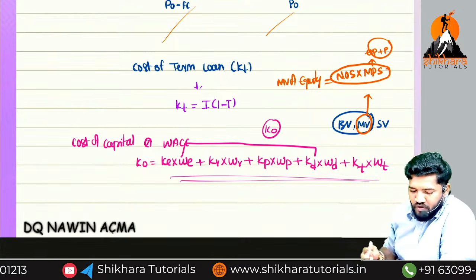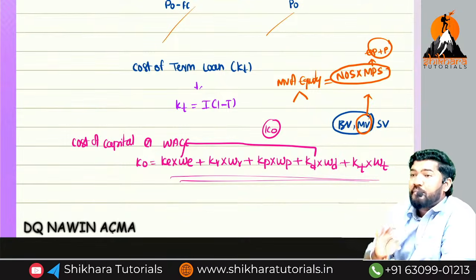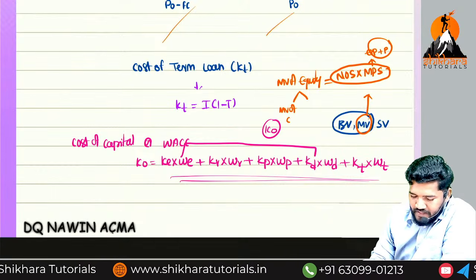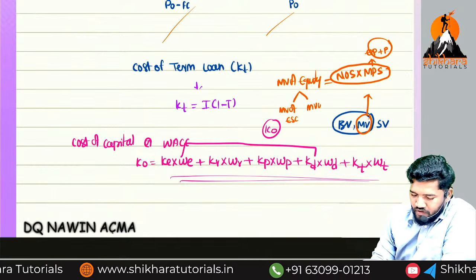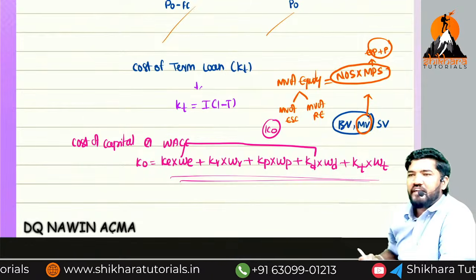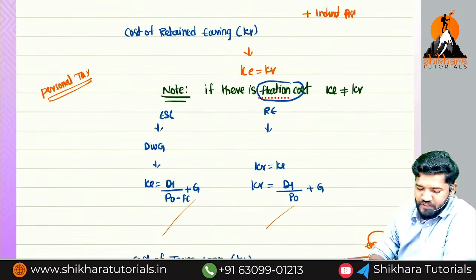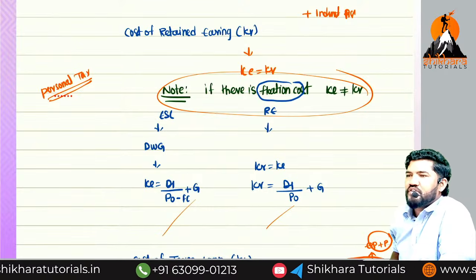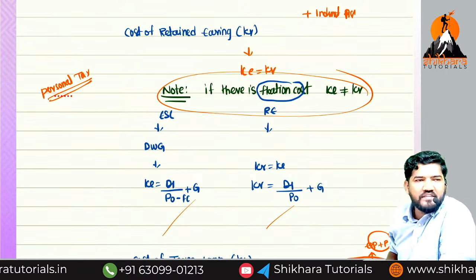Sometimes we show them separately: market value of equity share capital separately, market value of retained earnings separately. When do we need to show separately? If there is a flotation cost, the KE answer is different, the KR answer is different.